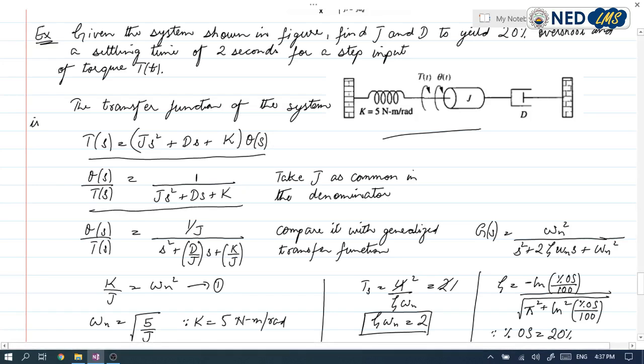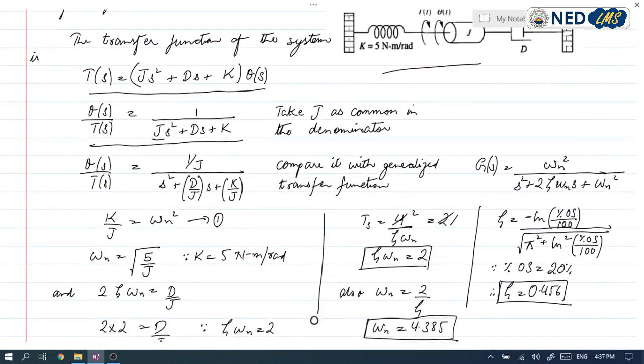So we have to compare this transfer function with the general second order system transfer function. To compare it, we have to eliminate this J term, and for that I have taken J common in the denominator.